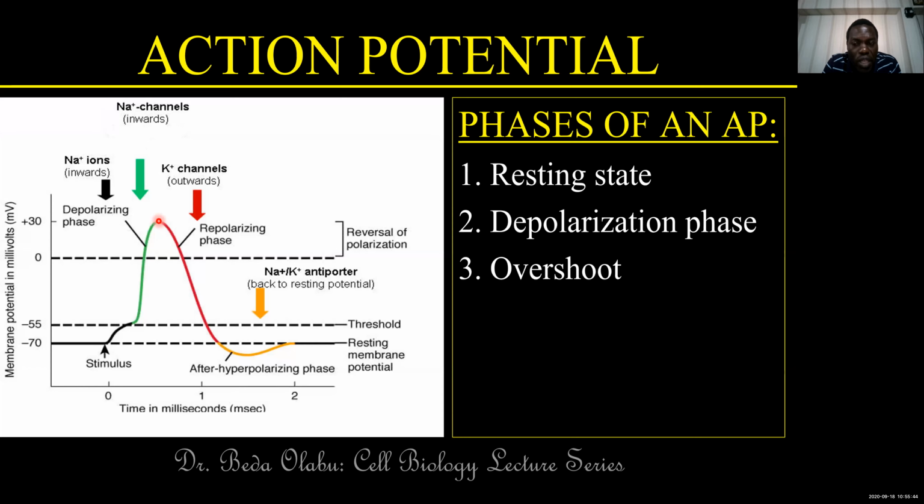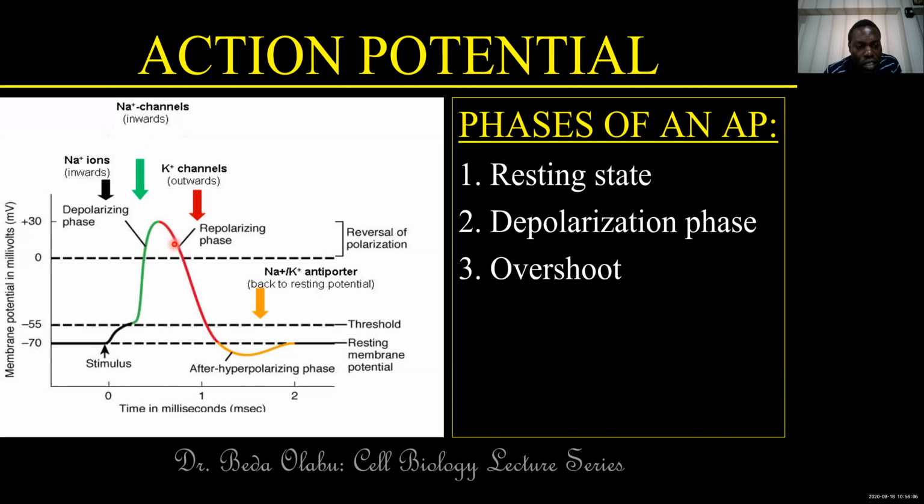If you have opening of voltage-gated potassium channels, you're going to have massive potassium efflux. Massive potassium efflux will make the cell membrane repolarize again.